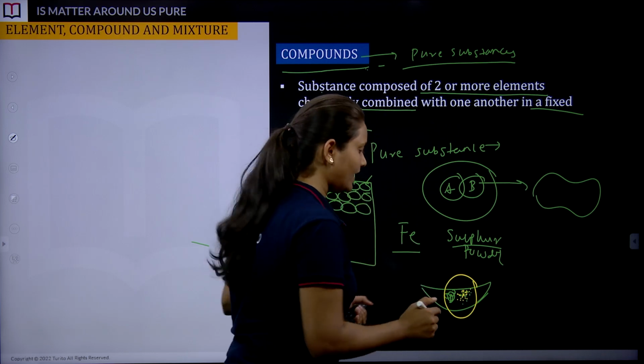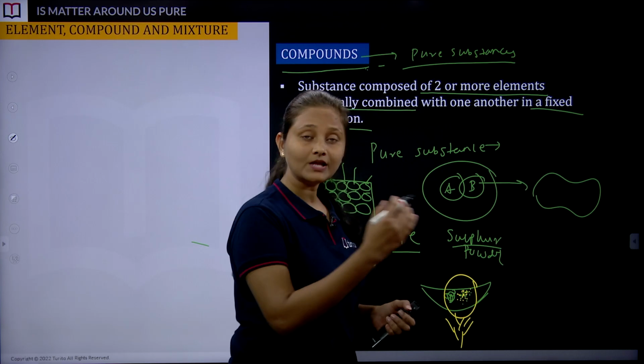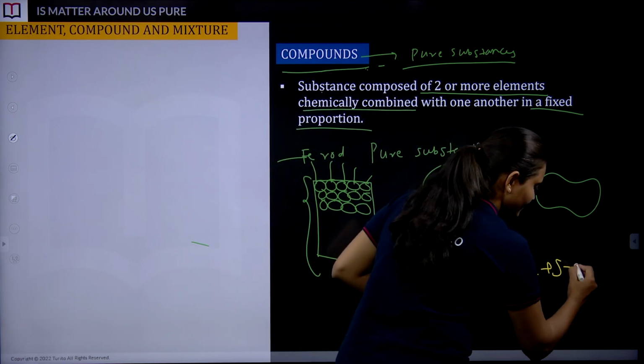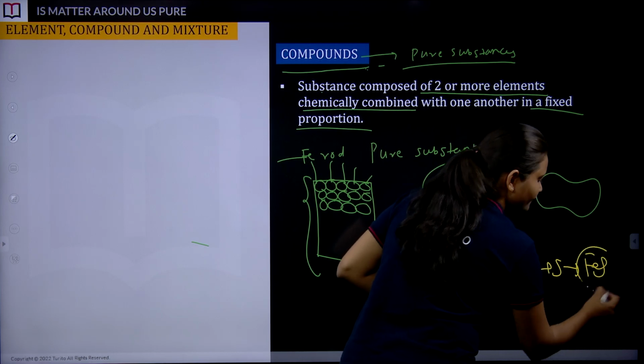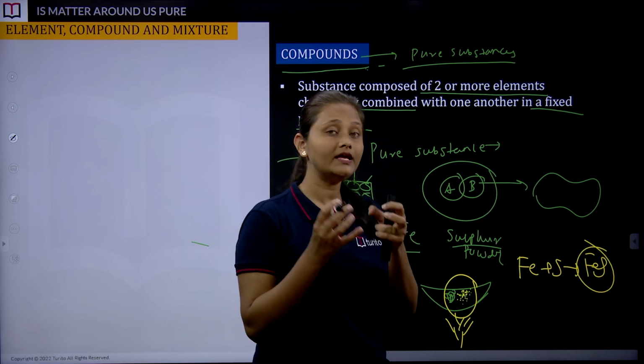But what if we supply some heat to this mixture? It is now going to give you Fe plus S giving ferrous sulfide, and that is now chemically combined.